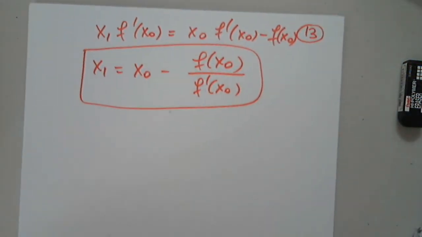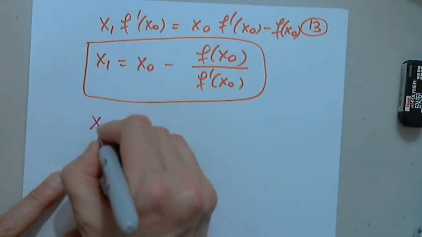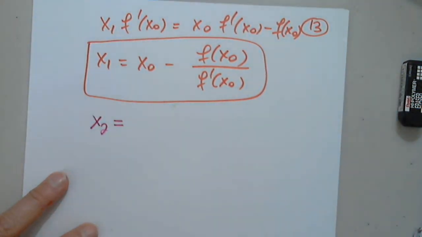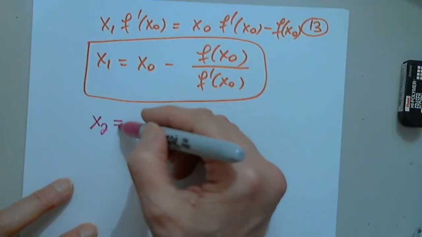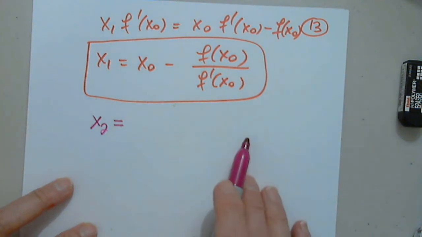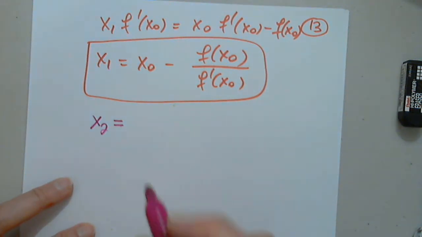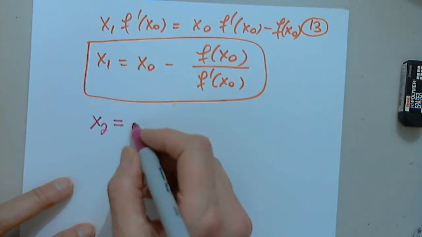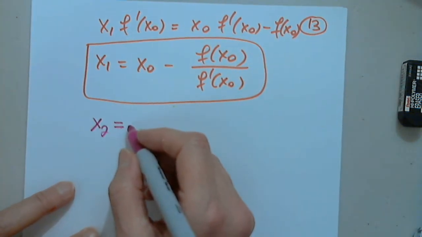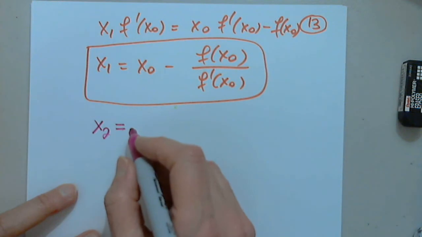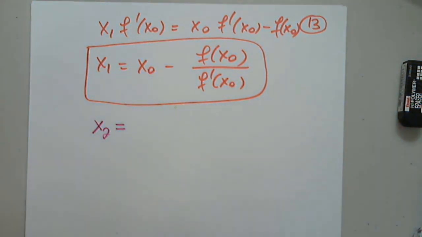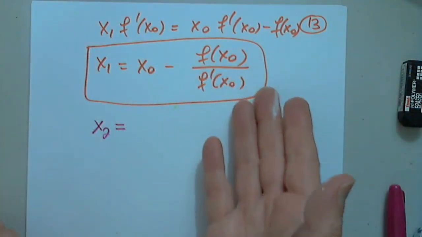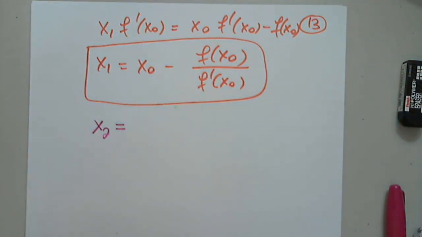So then, can anyone give us a wild guess? After we perform the same steps and the same calculations, what will x2 equal to? Give it a shot. It's okay if you're wrong. Look at what we have here and just give it a shot.